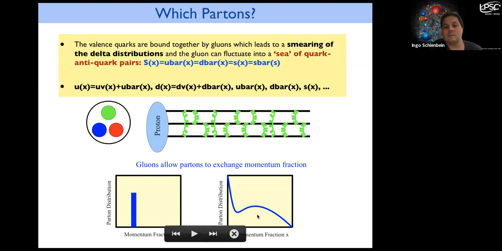So you can see the delta distribution in the lower figure gets smeared, and this rise on the left indicates the sea, the quark sea due to gluon splitting. And then the up quark can be described as a valence component plus the sea component. And the same, the down quark is down valence plus the sea. And the sea is the same as u bar.